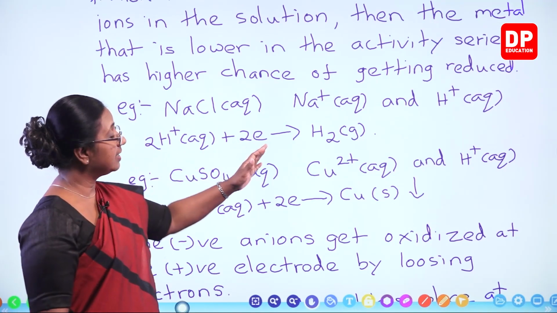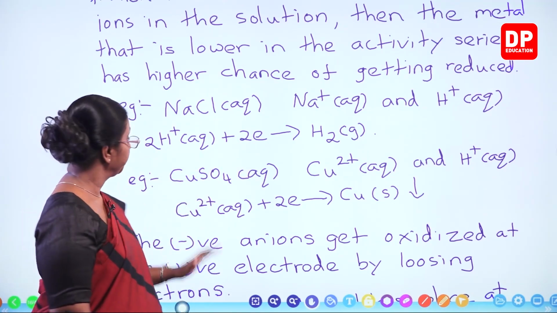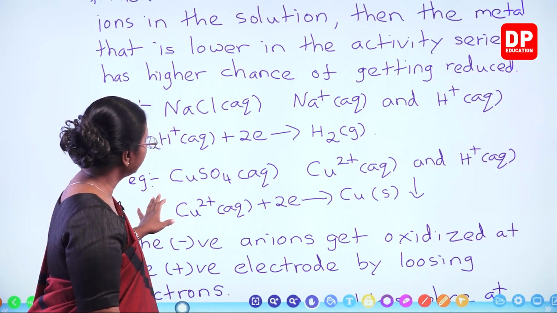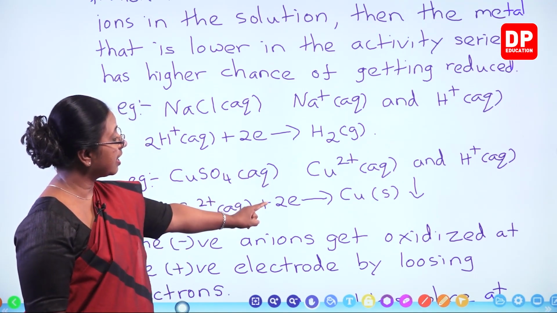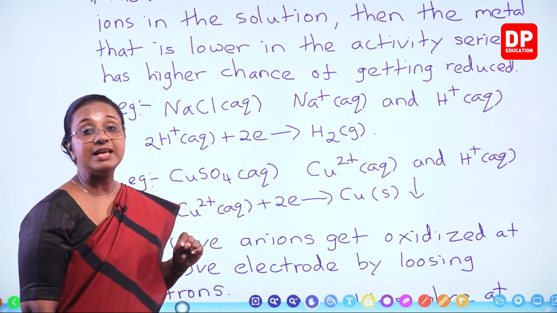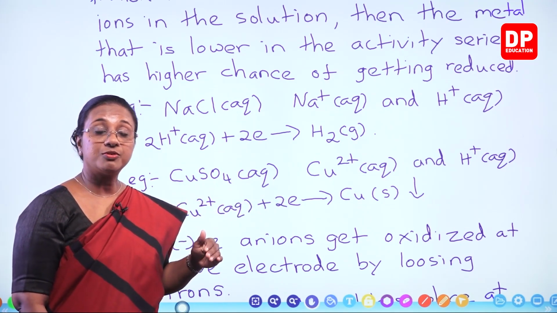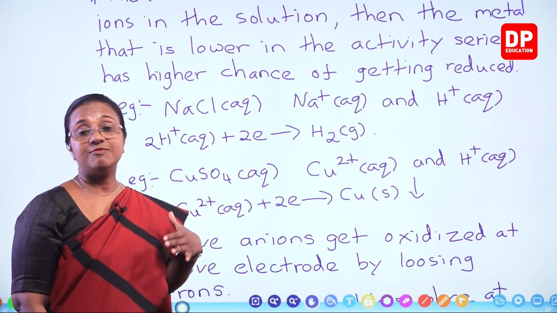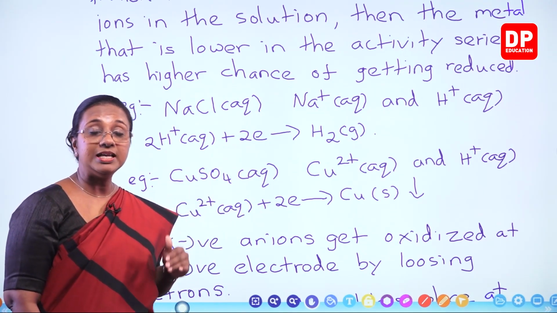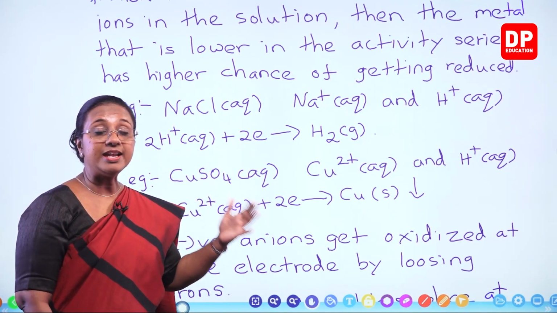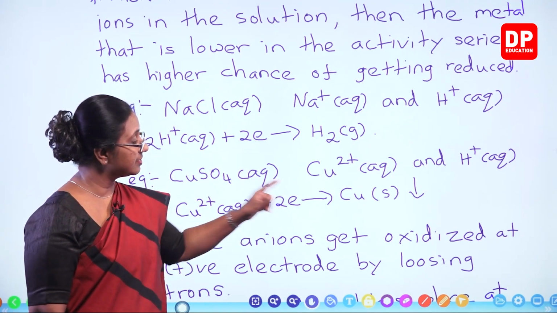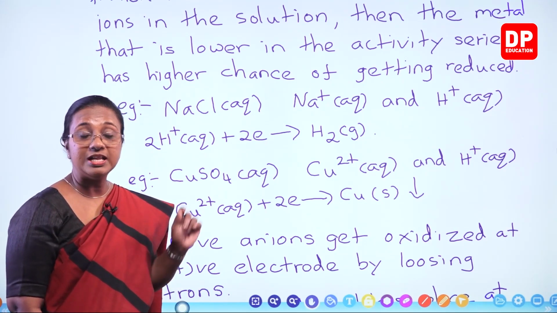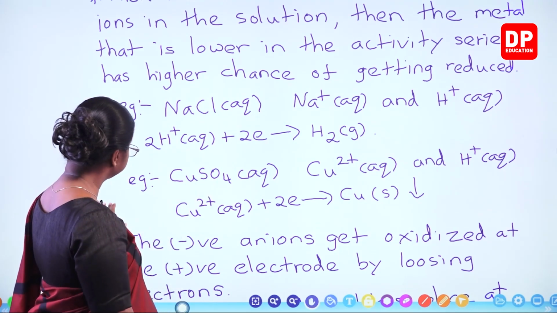H plus ions get reduced to H2 gas. At the same time, when we look at electrolysis of copper sulfate solution, then there are copper 2 plus ions and H plus ions. But there, of course, H plus is more reactive than copper. Copper is lower in the activity series. So that undergoes reduction. Cu2 plus takes up 2 electrons, depositing as copper solid at the cathode.